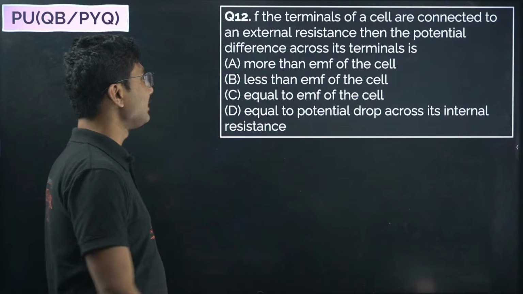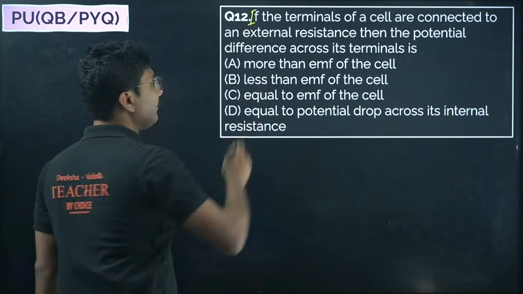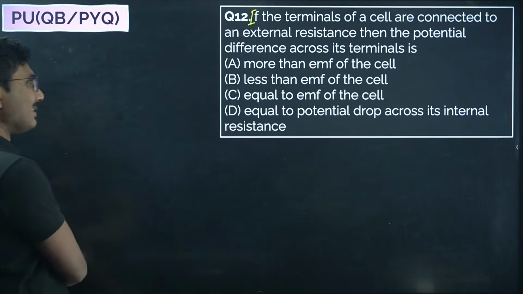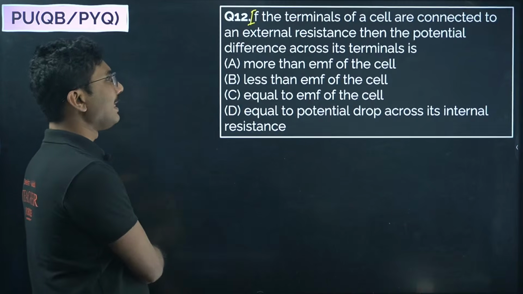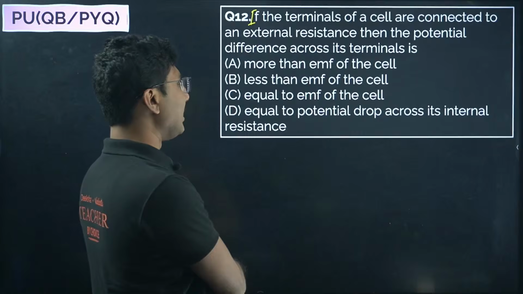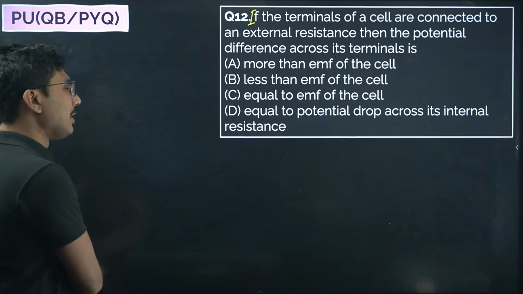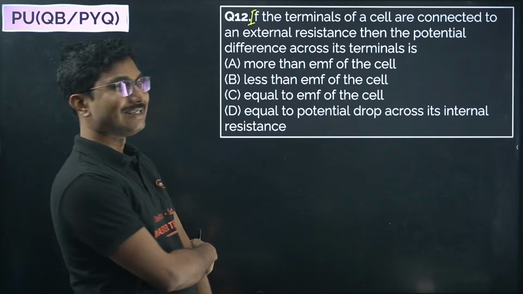Now try something related to the board exam. If the terminals of a cell are connected to an external resistance, then the potential difference across its terminals is: more than the EMF of the cell, less than the EMF of the cell, equal to the EMF of the cell, or equal to the potential drop across its internal resistance.